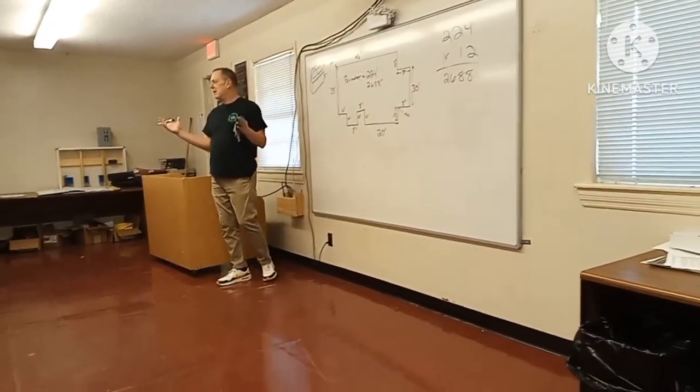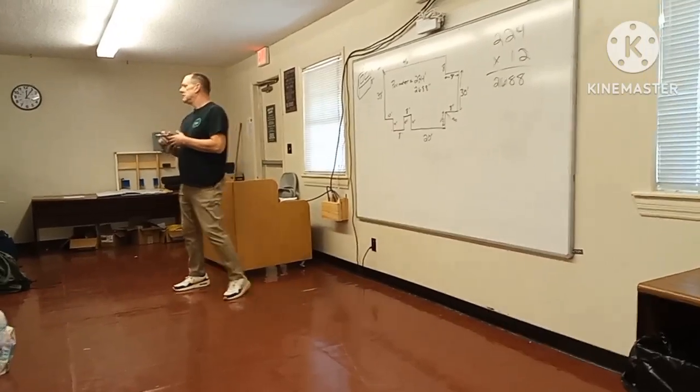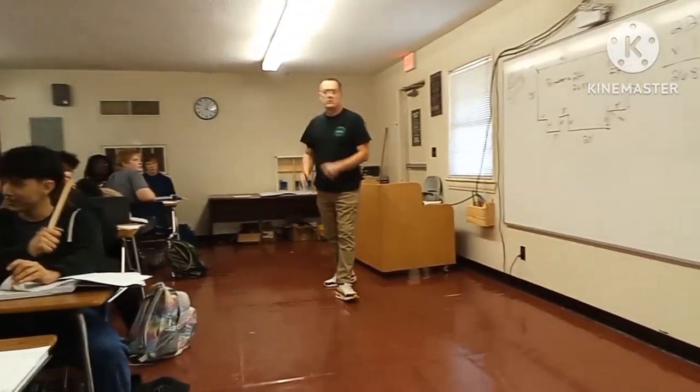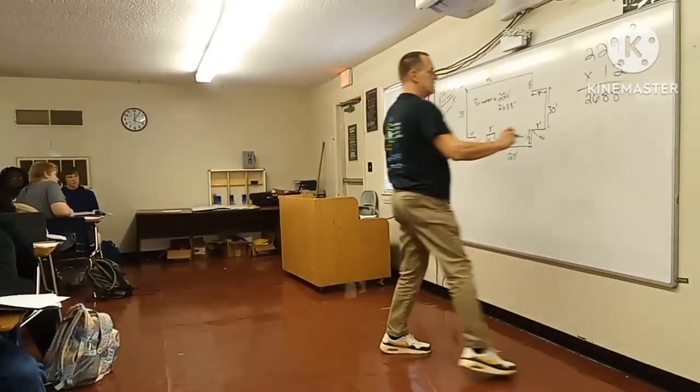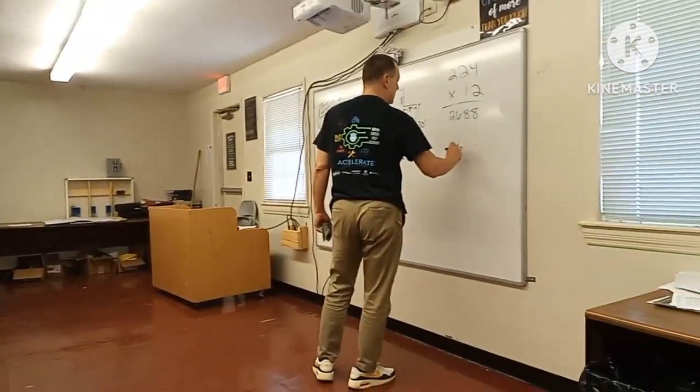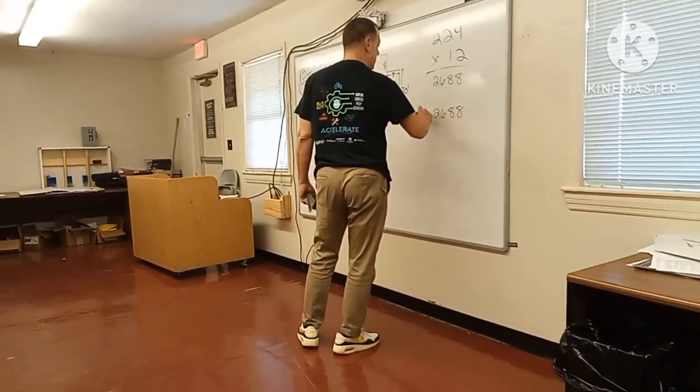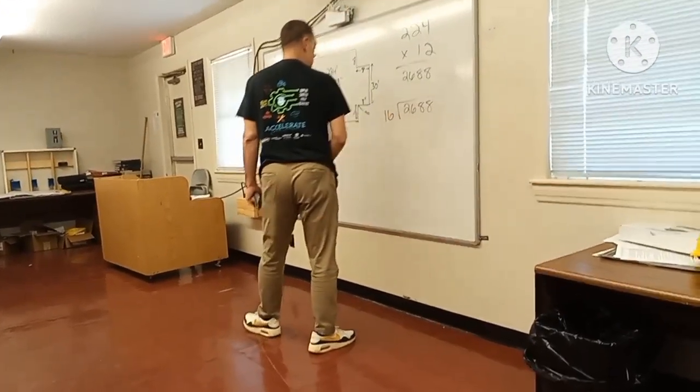So what do we do now? We divide by 16. 2,688 divided by 16. What do we get?